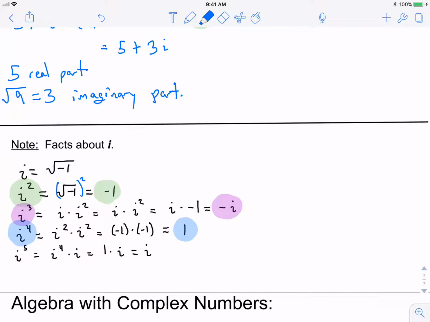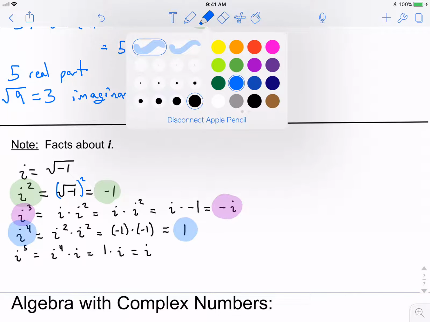So if we have just i, that's the square root of -1, i squared flips over to be -1, i cubed flips over to become -i, and i to the 4th moves around to become just 1 again. So i is actually very closely related to our original number 1. At this point, things start looping.